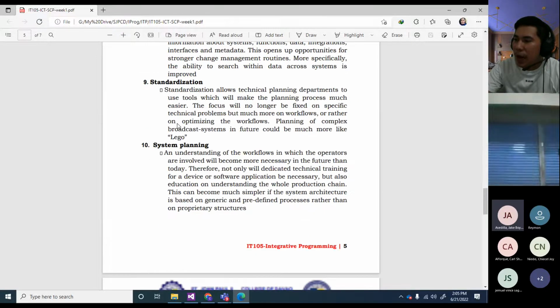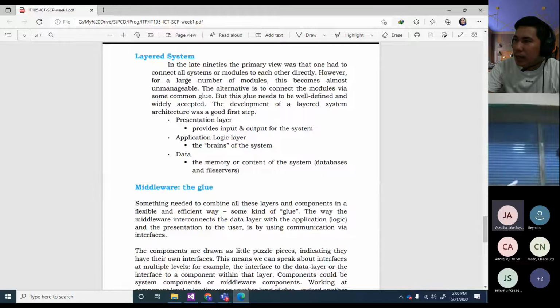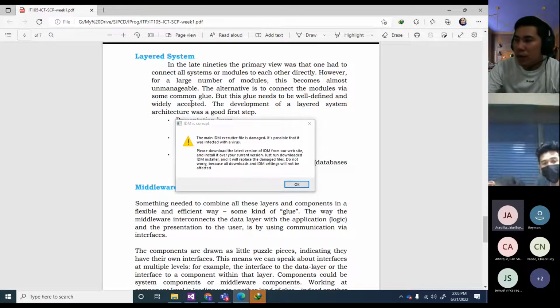These are what you can get out of a layered system, or model view controller. One example is Laravel, and all other frameworks, even .NET, a framework with which you can do MVC.